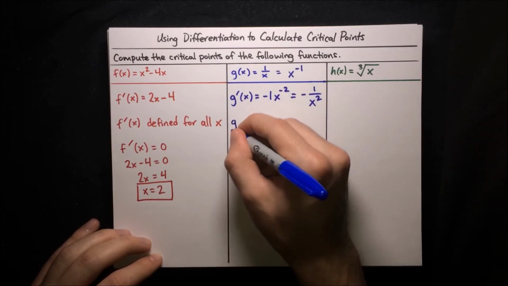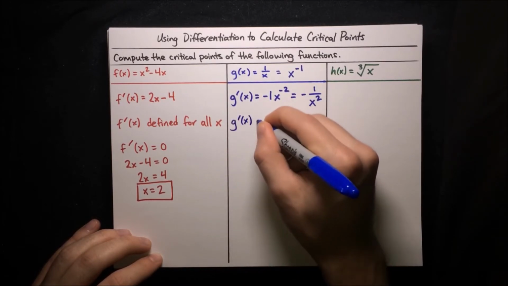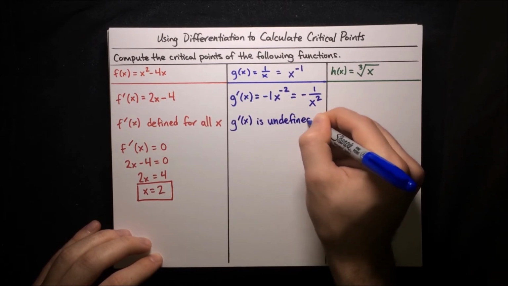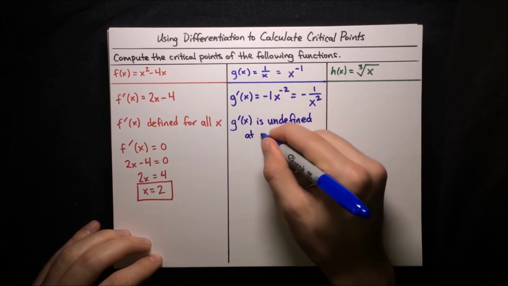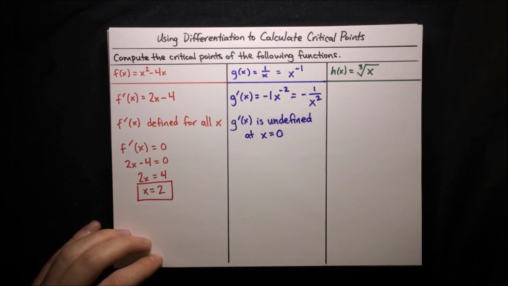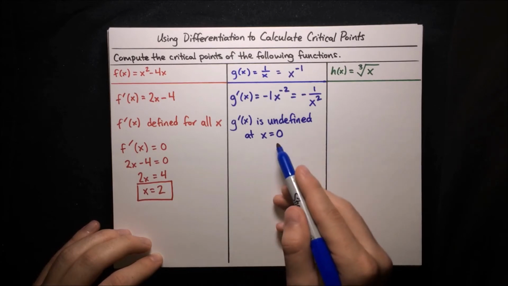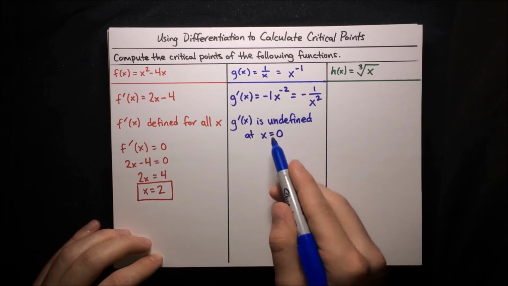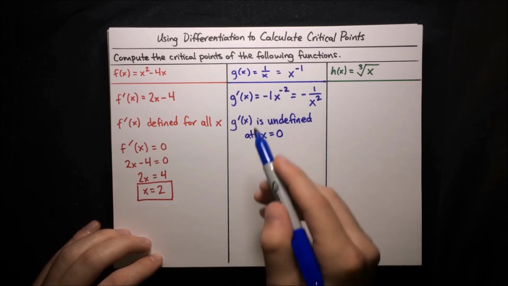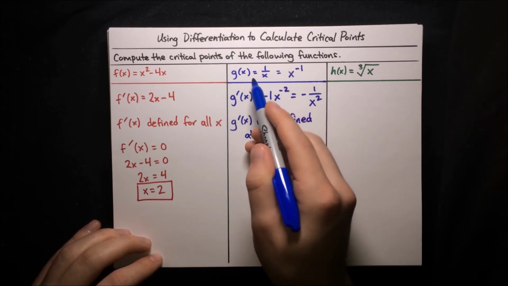Well, yes. g prime of x is undefined at x equals 0, because that would make the denominator equal to 0. But remember, if x equals 0 is a critical point, then it also has to be in the domain of g. And that's not the case here, because x equals 0 also makes a 0 in the denominator of the function g of x.